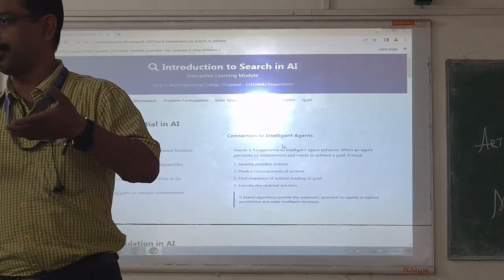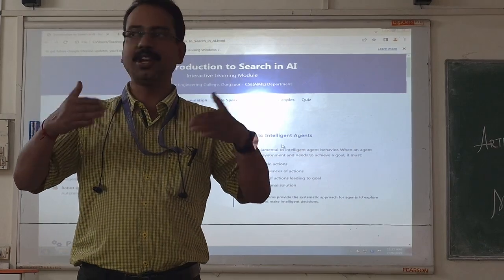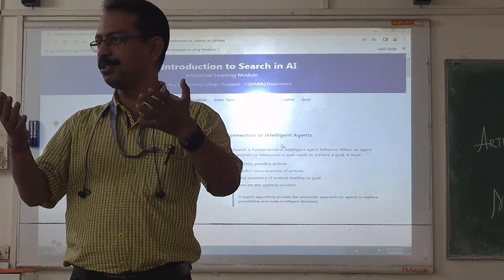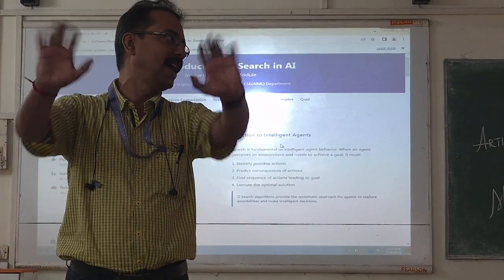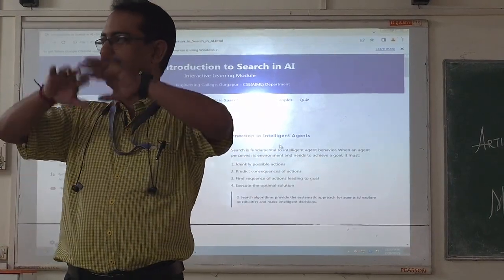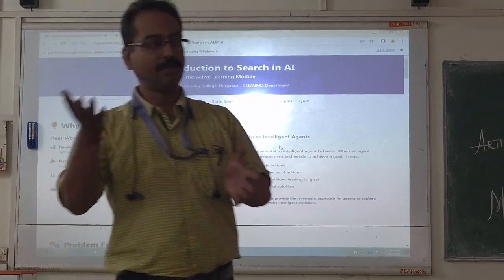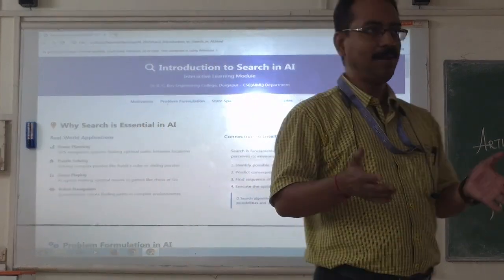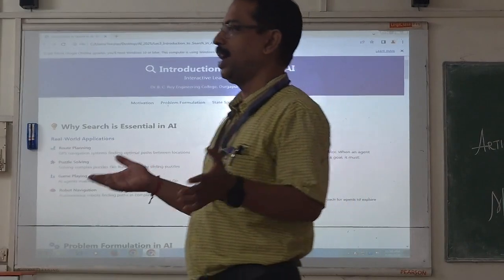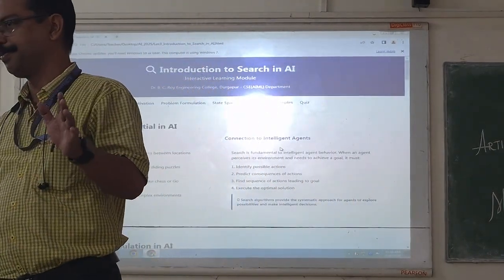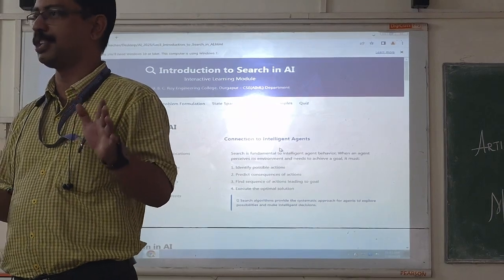So whenever I talk about an AI agent, it is interacting with an environment. Environment means where the data is being given to the AI and based on which the AI is processing. So indirectly, every problem that is being solved nowadays through AI can be converted into a state space search problem.